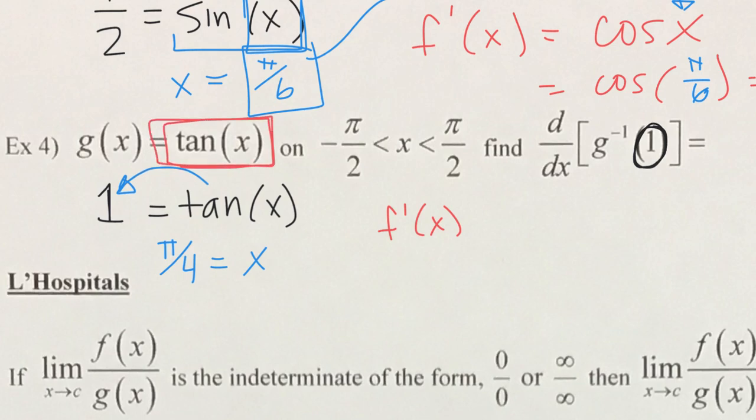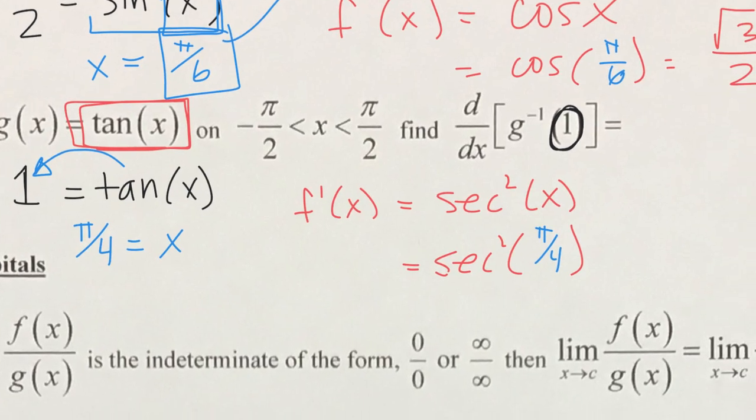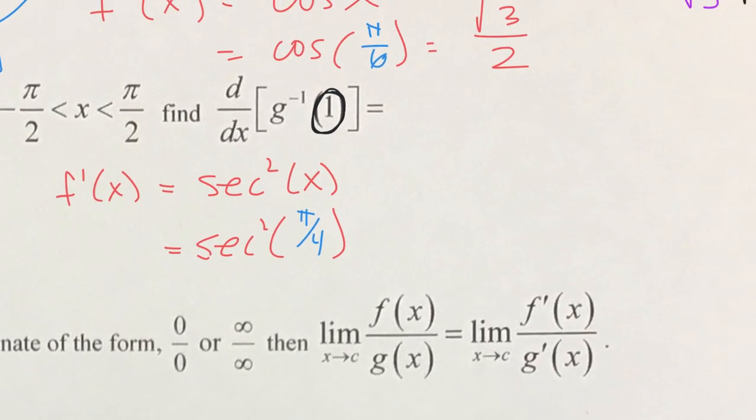Have you memorized the derivative of tan? All right, good. The derivative of tan is secant squared. Now we're going to evaluate secant squared at pi over 4. If you haven't memorized it, that's fine. We need to understand that the secant is the reciprocal of what other trig function?